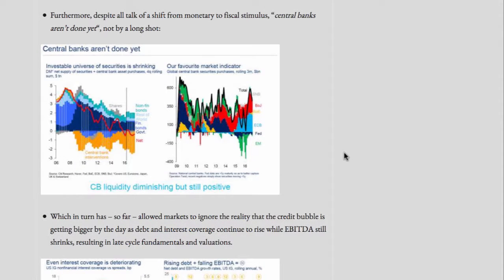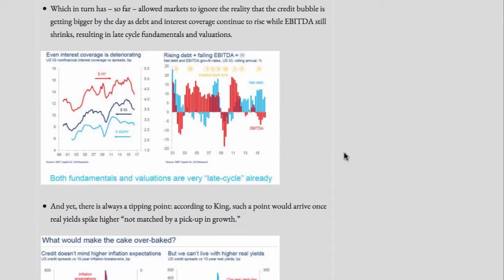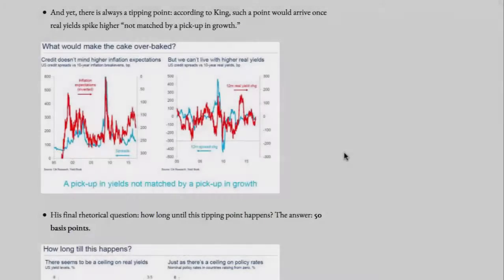Furthermore, despite all talk of a shift from monetary to fiscal stimulus, central banks aren't done yet, not by a long shot, which in turn has, so far, allowed markets to ignore the reality that the credit bubble is getting bigger by the day, as debt and interest coverage continue to rise, while EBITDA still shrinks, resulting in late cycle fundamentals and valuations. And yet, there is always a tipping point.